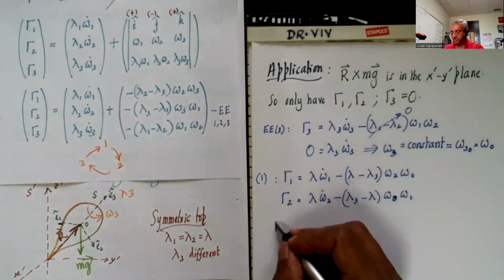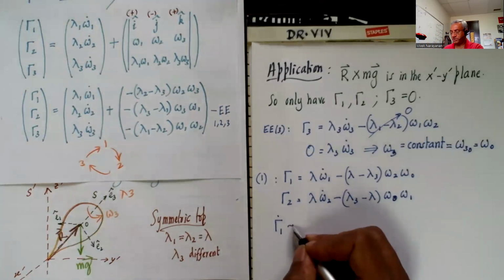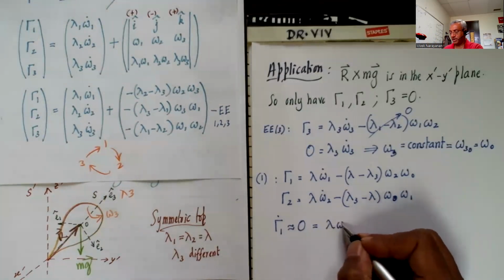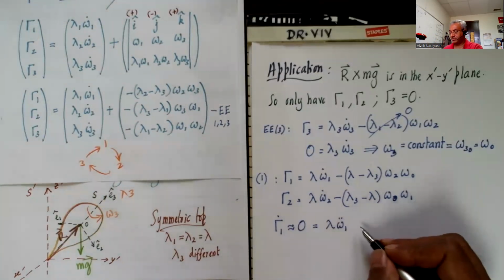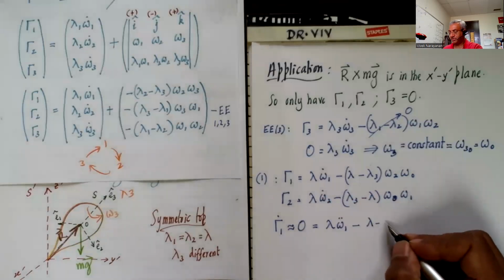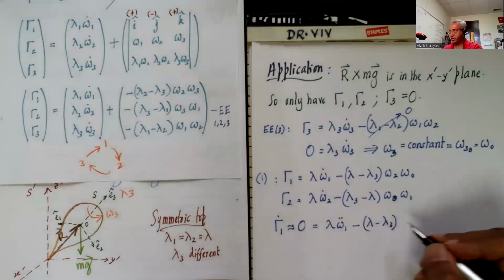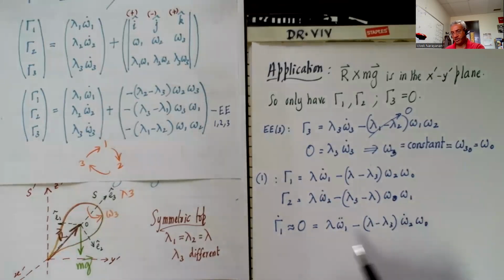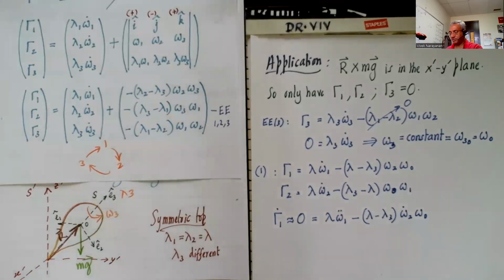So I can think of it as approximately 0. So the rate of change of the torque itself is approximately 0, and that's going to be lambda times omega 1 double dot, minus lambda 3 omega 2 dot omega naught. I'm differentiating the first equation, and here, because this is constant, it doesn't get differentiated. Once again, if your lambdas change with time, you're going to get additional terms and more complications, but we don't have that problem.